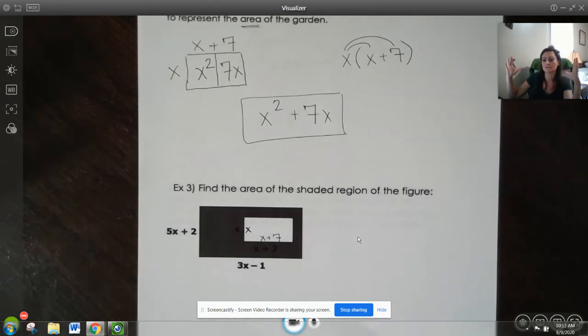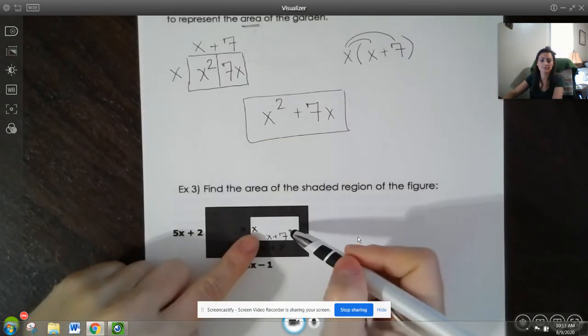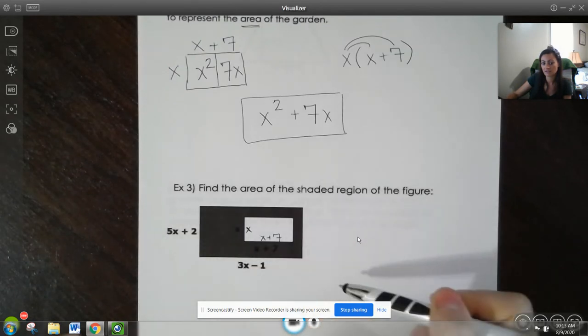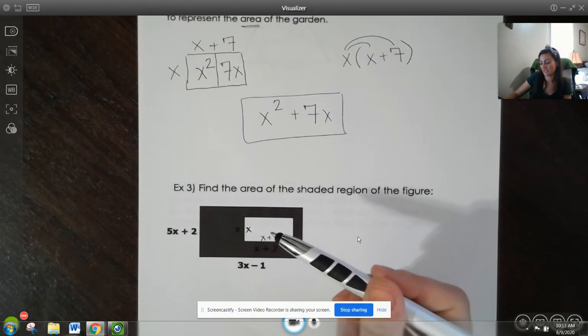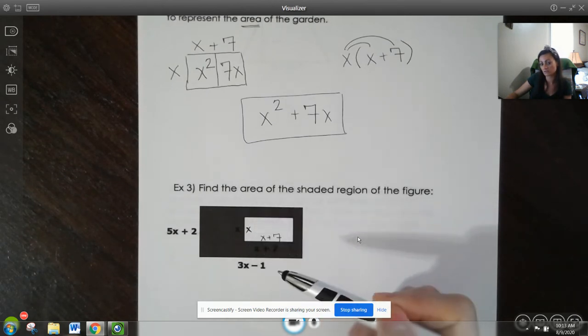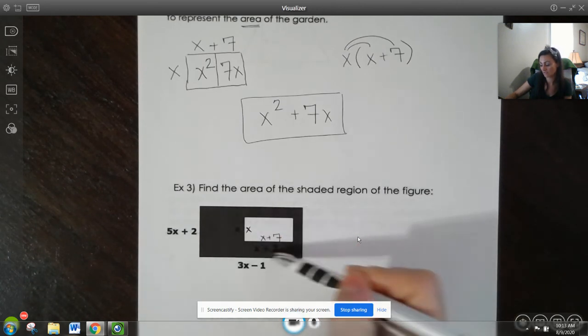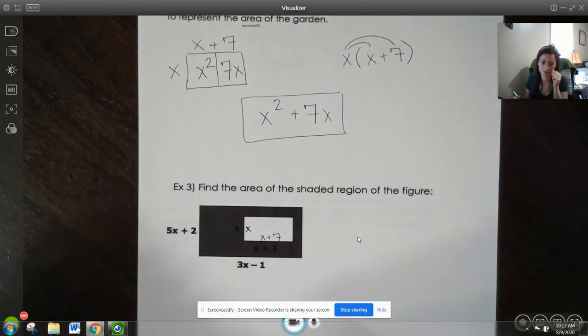So we have this large rectangle, and really what we've done is cut this little rectangle out of it. So if I know the area for the entire picture, I can take away the area of this small rectangle, and that will give me what has been shaded as my leftovers.